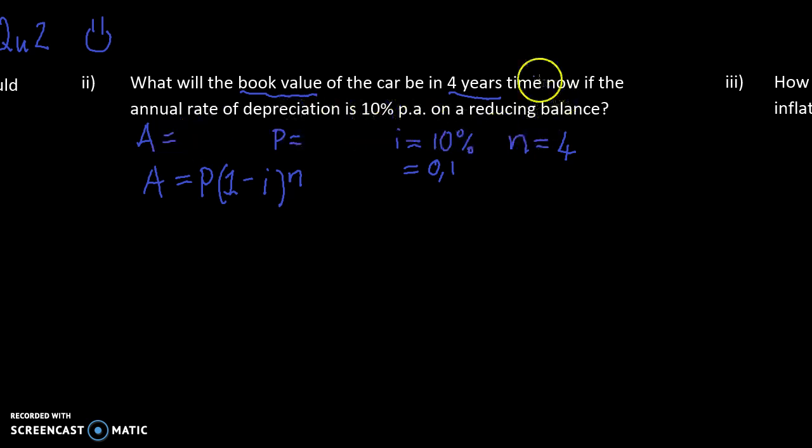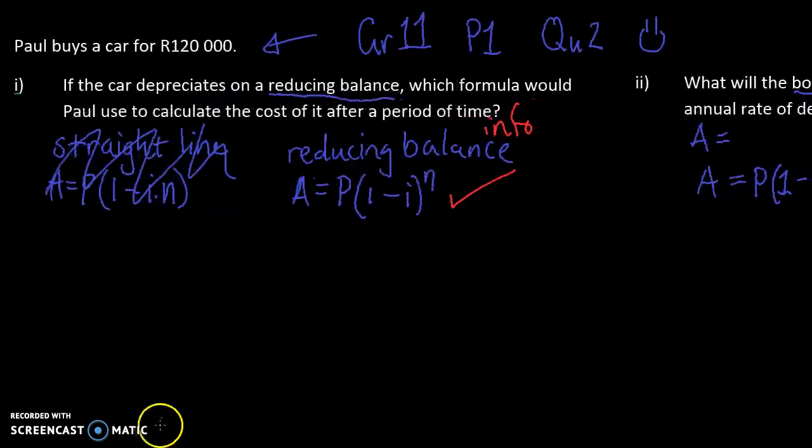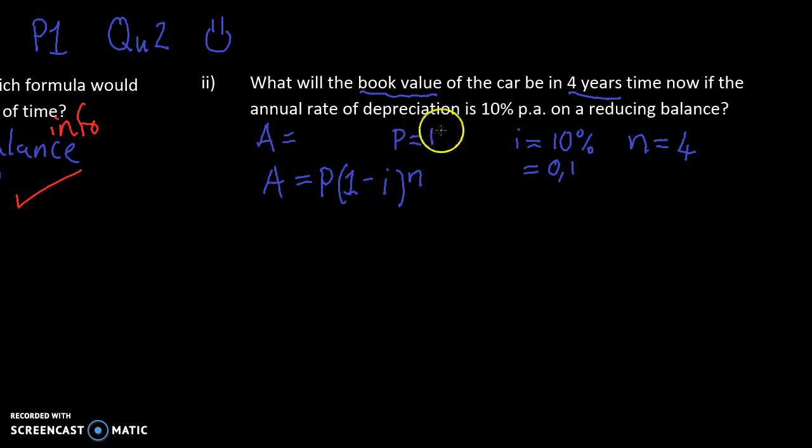We're not told in this particular question if we have the accumulated value or the principal value or amount. But look, at the beginning of the question, we're told that the car starts with a value of 120,000 Rand. In other words, we need to figure out what the accumulated amount is going to be. So all we do is we substitute.